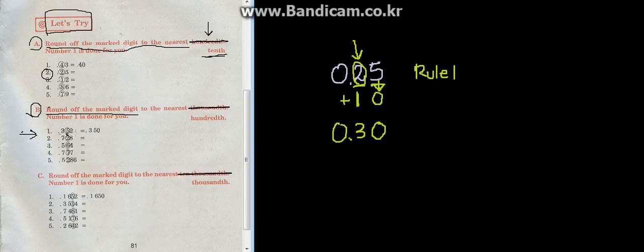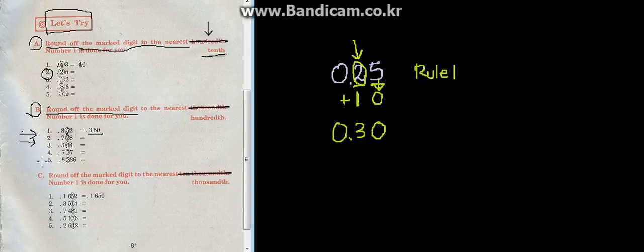Circle the 5 for number 1, circle the 2 for number 2, circle the 6 for number 3, circle the 7 for number 4, and circle the 2 for number 5. Those will be the marked digits, and the answer for number 1 will be .350, 350 thousandths. Please fix the numbers in your book.